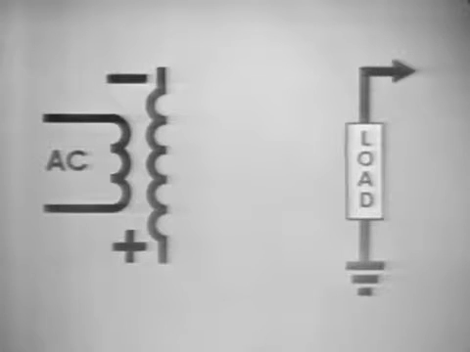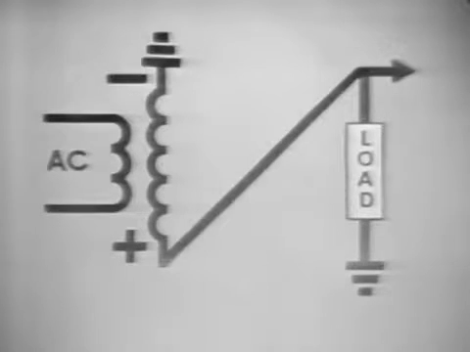Now, the bridge rectifier electronically switches the transformer connections like this. The load is connected to the bottom or positive end of the secondary, and the ground is connected to the top or negative end of the secondary. Now notice that the load is always connected to the positive end, and ground is always connected to the negative end of the secondary.